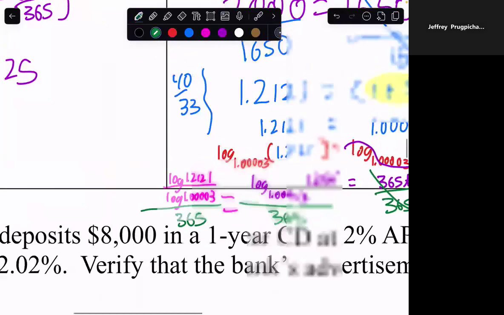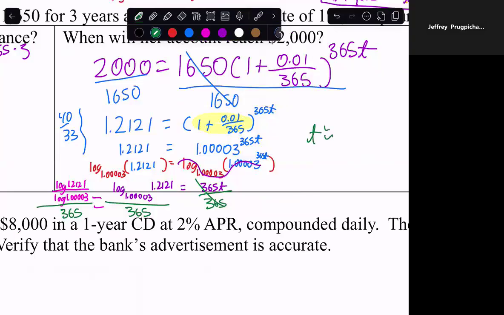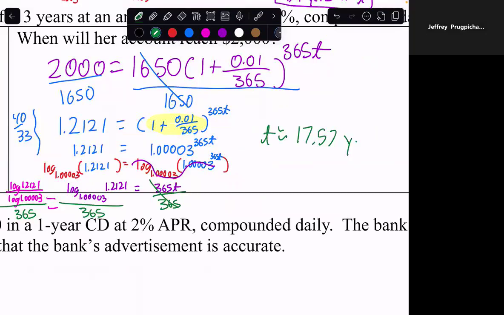When I type this into my calculator, I get approximately 17.57 years.